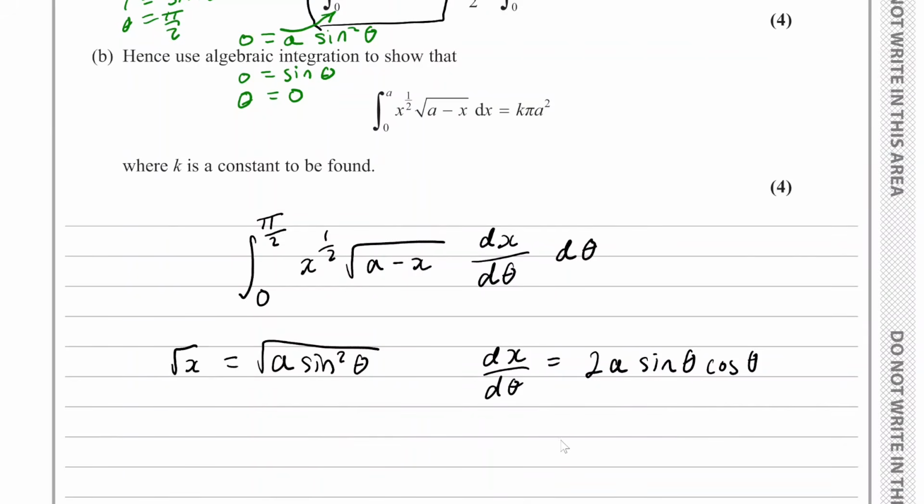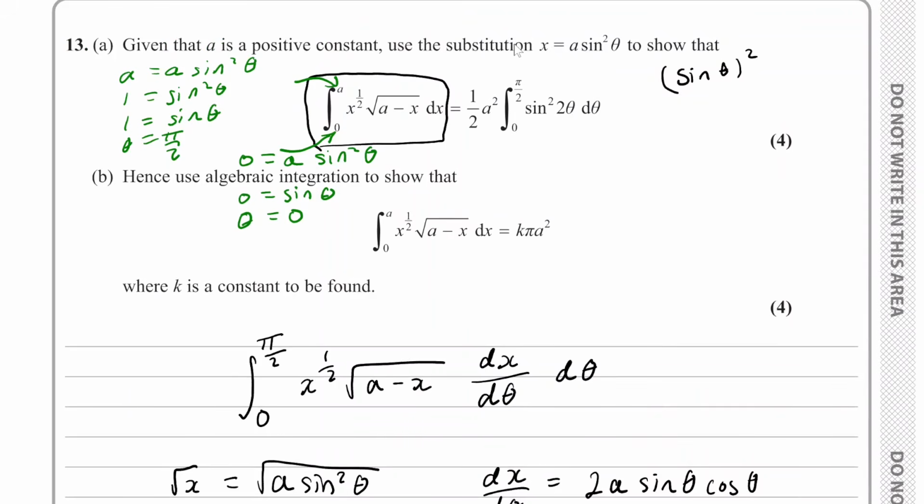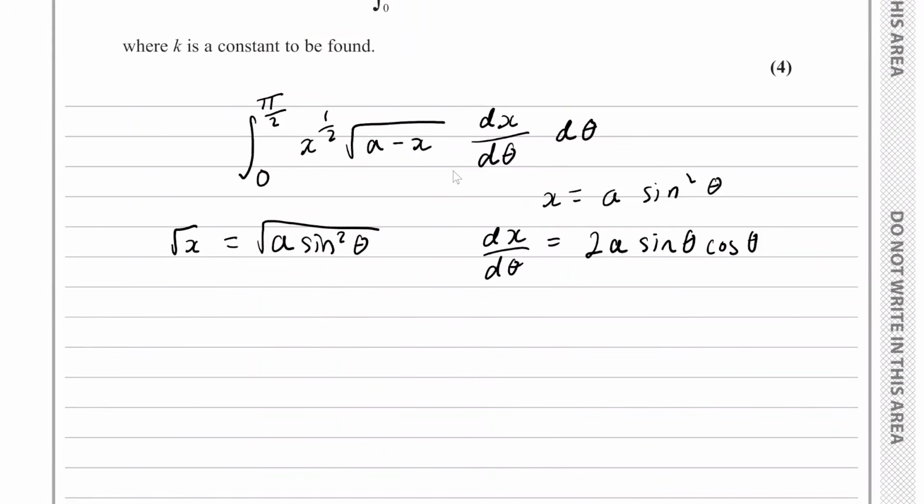So dx d theta is 2a sine theta cos theta. And x we can change into a sine squared theta. So we should just be able to substitute all of this in and see what we get.